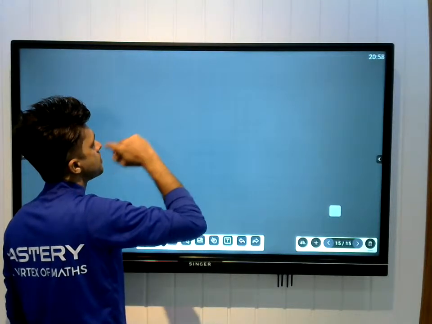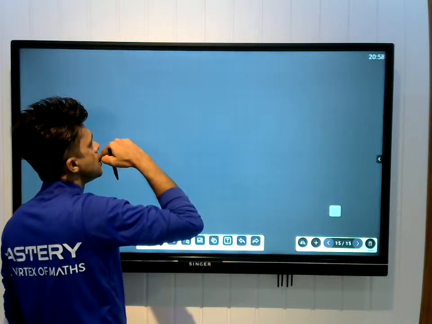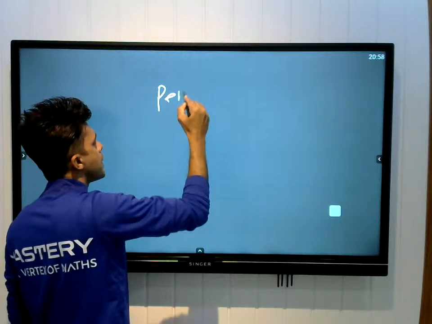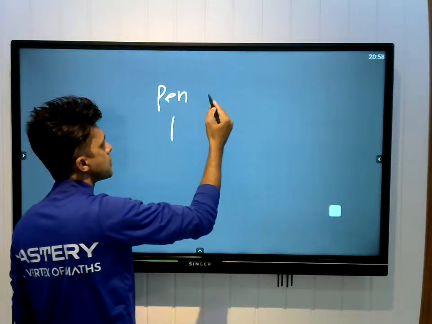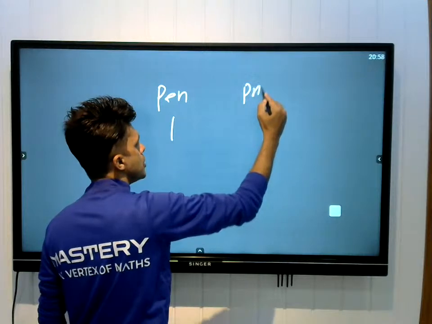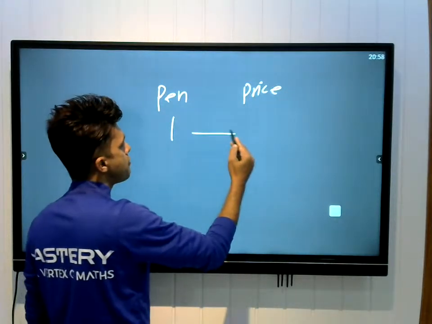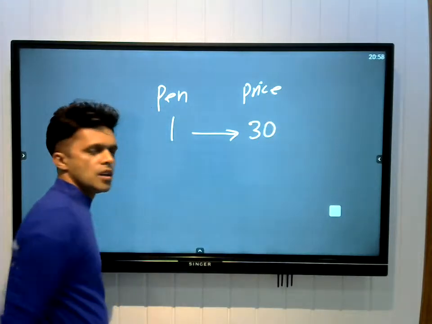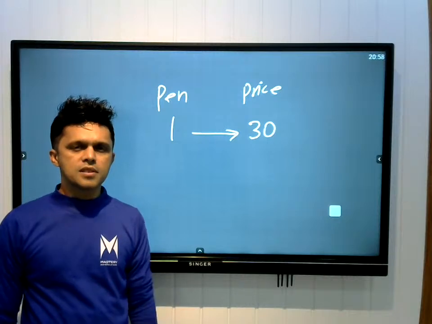Think of this one: the price of a pen. Which means one pen can be bought for 30 rupees. Let's write here that one pen can be bought for 30 rupees.